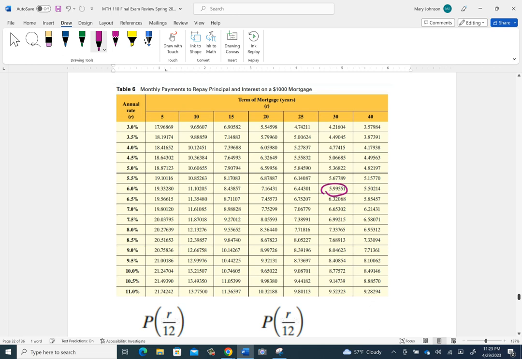You could take that factor and multiply it by your principal amount, or take the 6.5, and see if you're in the ballpark. It was a $95,000 loan, so if I take 95 times the 5.99551, I know my amount should be more than that, more than 569. So I can feel like I did that correctly.